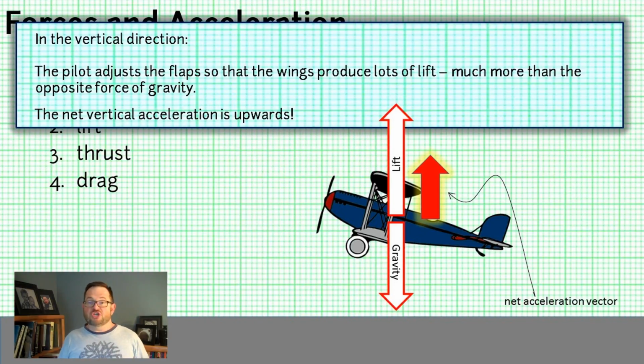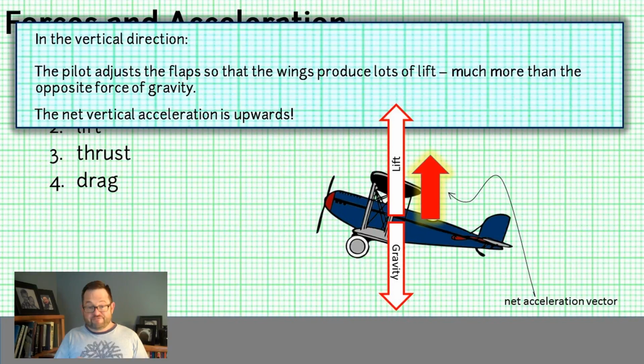In the vertical direction, the wings are producing lift. In fact, during takeoff, the plane's wings produce enormous amounts of lift because the pilot makes them. By adjusting the trim on the flaps, the wings can produce more or less lift. The pilot adjusts the flaps so that the wings are producing enormous amounts of lift, more lift pushing up than gravity pushing down.